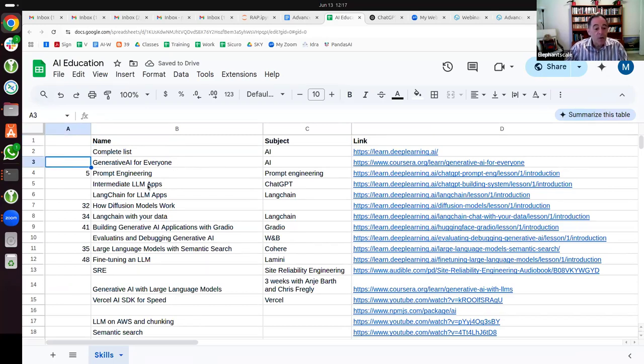So that is a learning path for anybody who wants to learn something. That is a good path, I think, and it consists of those entries, like prompt engineering, and in this case also kind of a subject, but usually it will be different. So LangChain for LLM apps, that was the official name. What is it about? It's about LangChain.